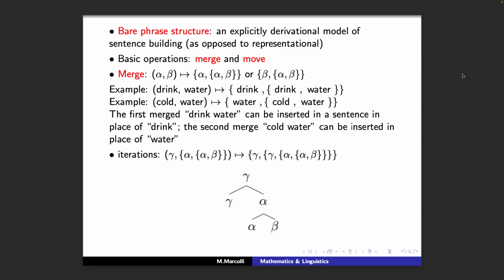Merge would be the one that actually builds the tree, the parse trees, I mean, the structures that are actually, you do think of sentences as being the trees themselves. So that's the operation that constructs them. And movement would be the one that's responsible for the type of transformations that we can make on a sentence that's already formed.